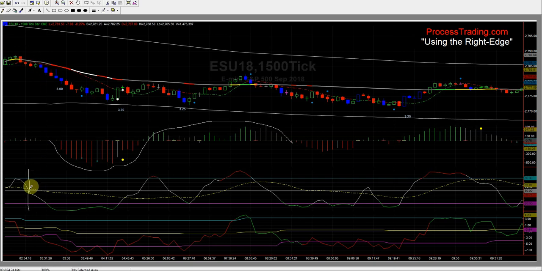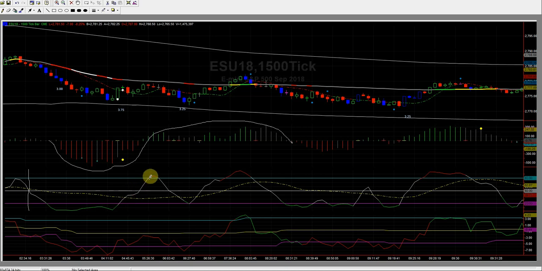But now what we have to do, so this is in a down cycle. It comes down just like this one does, and it comes down and it comes up, and now the momentum line is cutting through the sentiment line to the upside, so likelihood that price is going to go up.